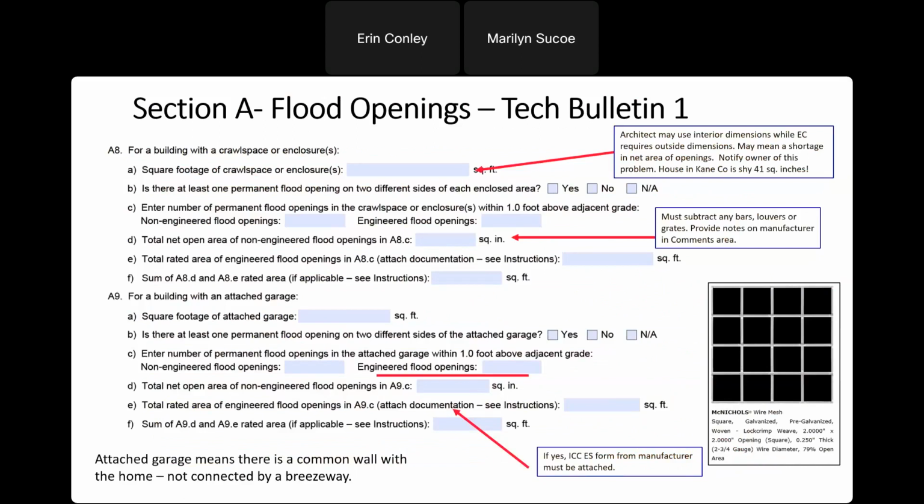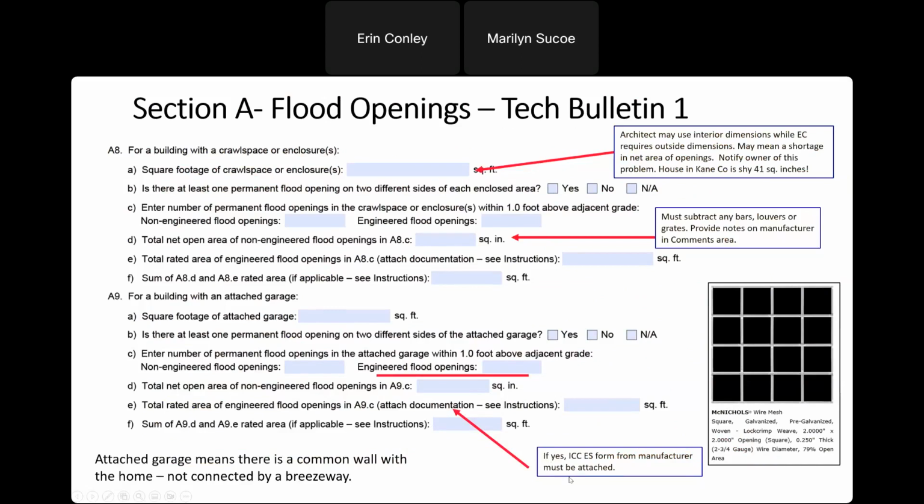And here's more details for the Technical Bulletin 1. And if it is an engineered opening, it tells you right on the form under 8E and 9E that you have to attach documentation.